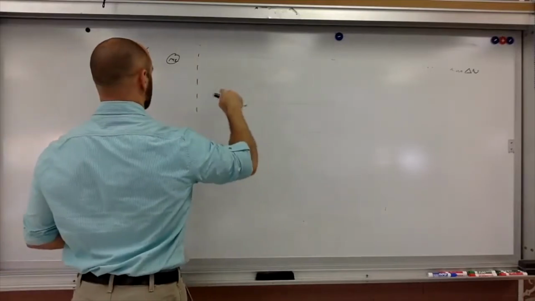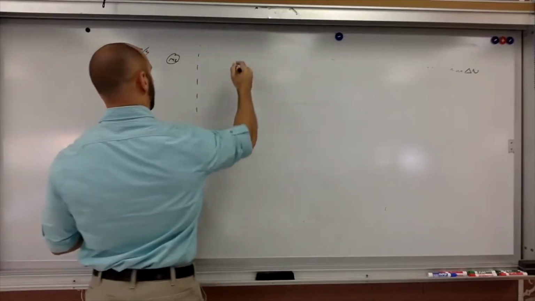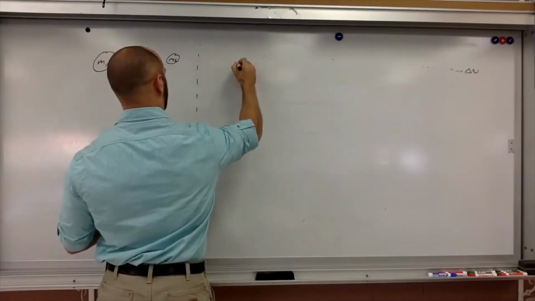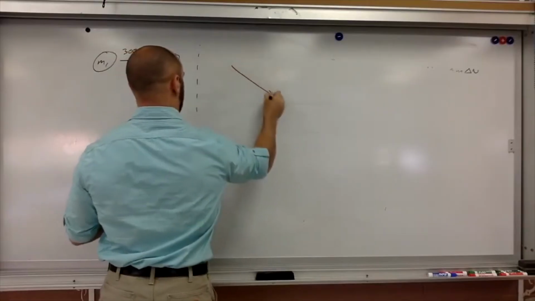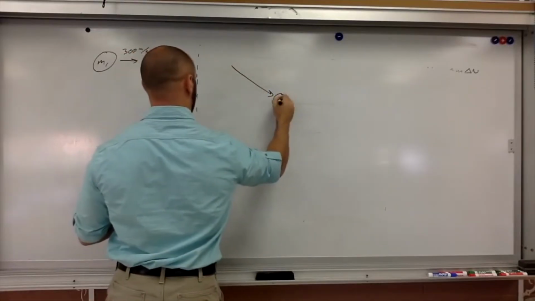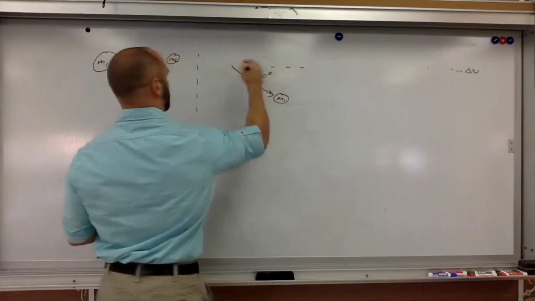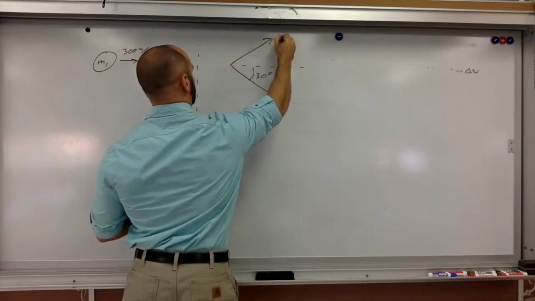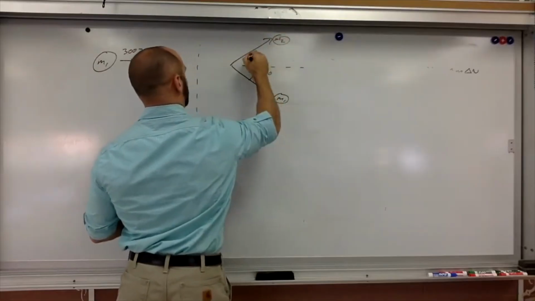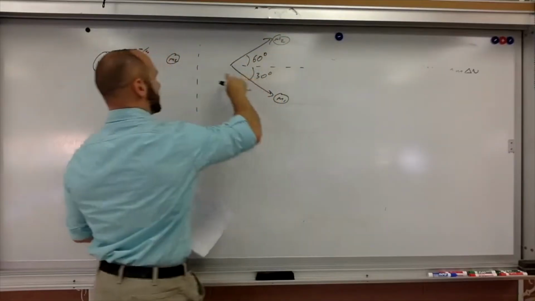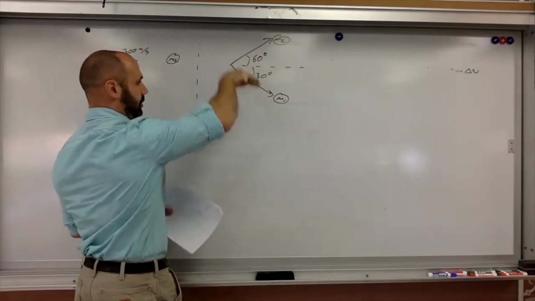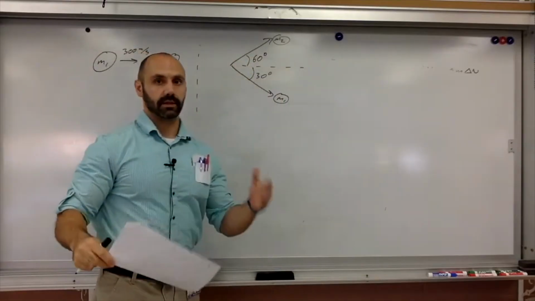And what we have here, once they collide, M1 is now moving this way, and this is 30 degrees. That means that this, M2, has to be 60 degrees, because the angle between these, where they're going off, is always 90 degrees.